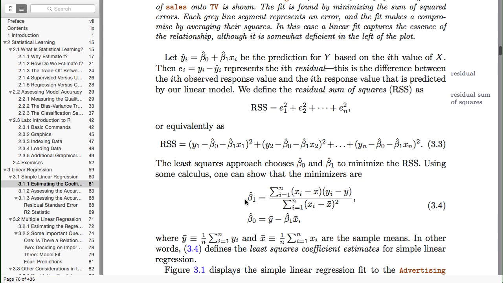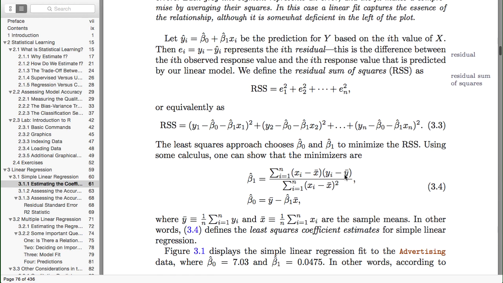Okay, now if we were going to take a math approach, we could prove that these are the values of the coefficients that would minimize RSS. So this is the deviations of x from the mean of x, the deviations of y from the mean of y, and the deviations of x from the sample mean of x squared, the ratio of these things.